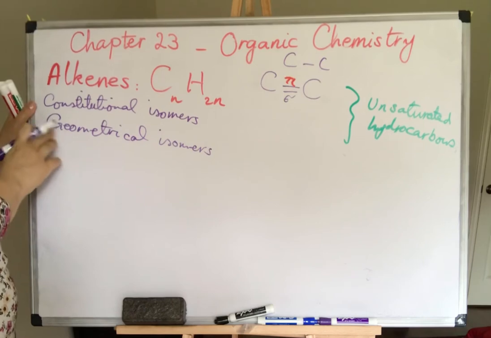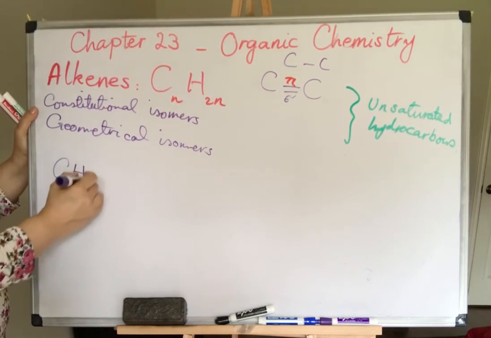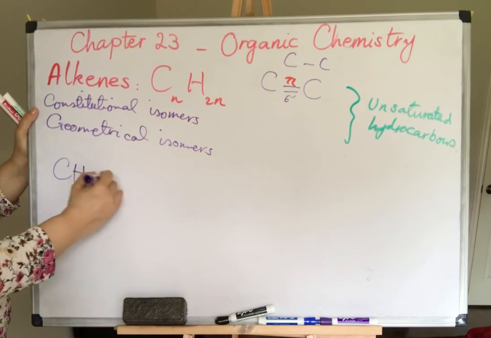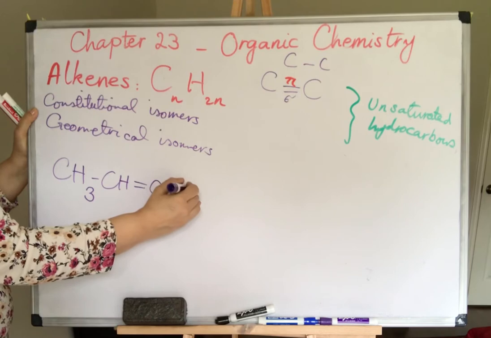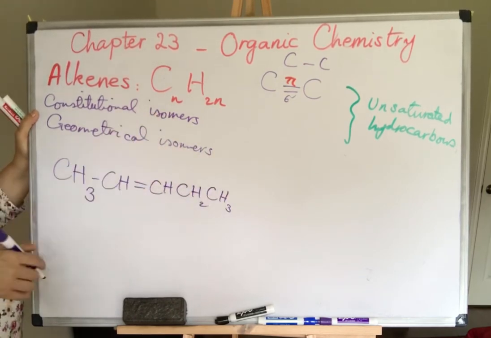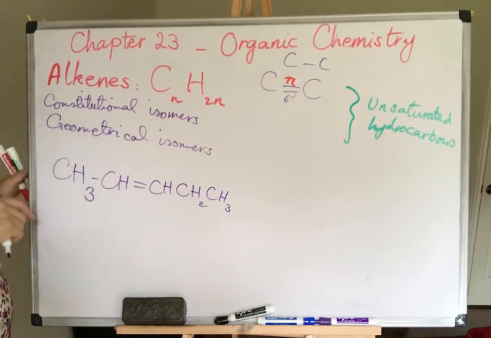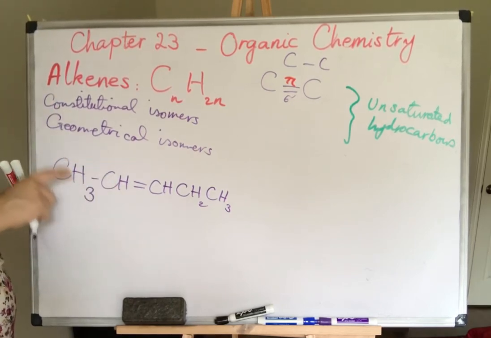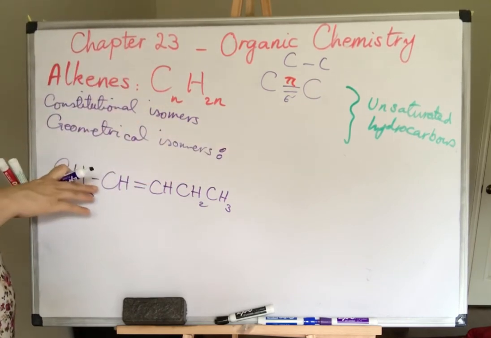For example, let's say we have this alkene. We said alkenes contain a double bond, right? So we get to the point of drawing their structure. Don't rush, I'm just working on the geometrical isomers now.